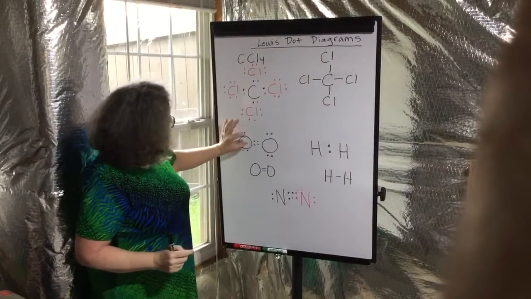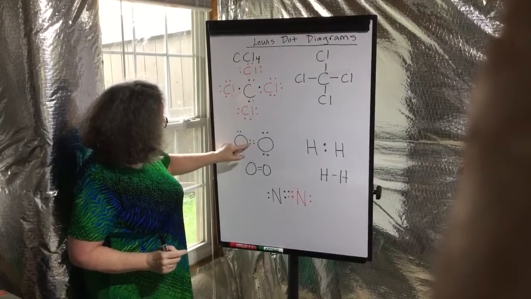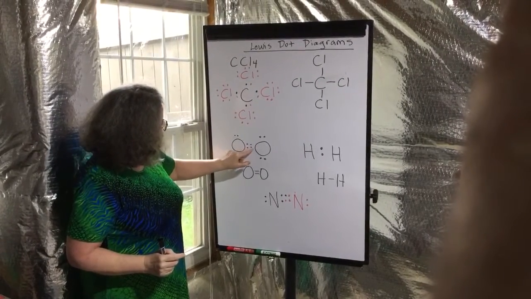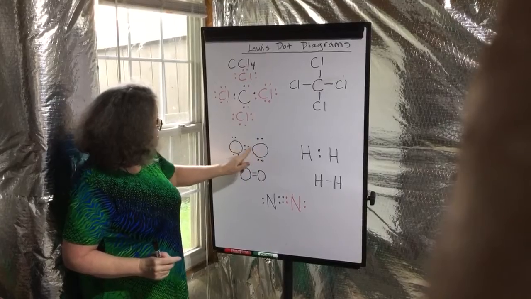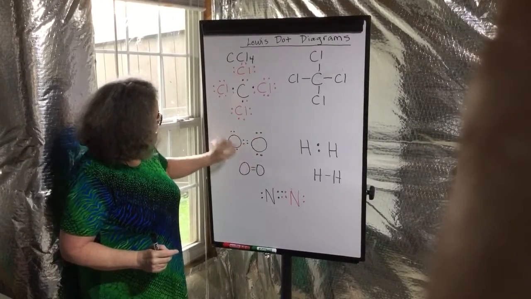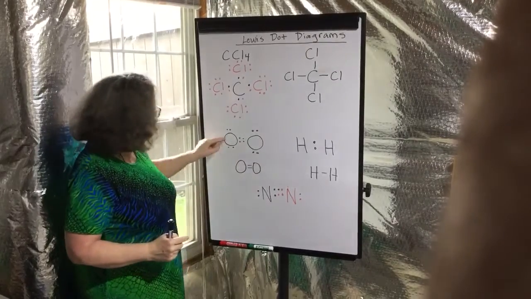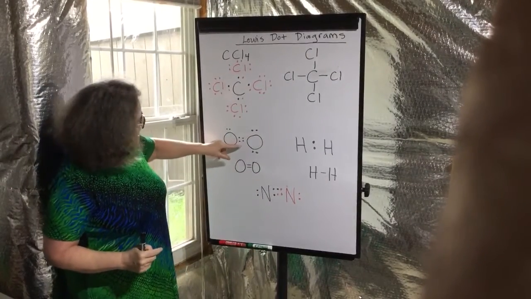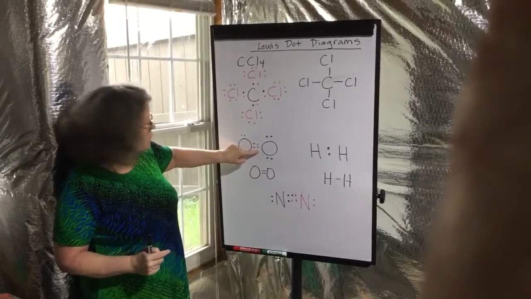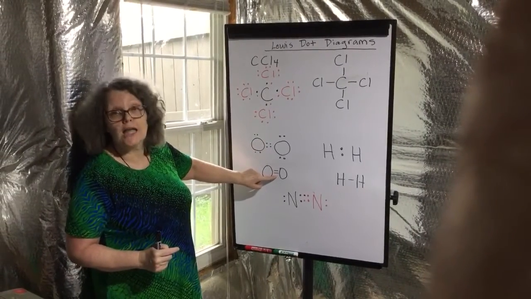If the oxygens share 2 pairs, this oxygen has 2, 4, 6, 8, and this oxygen has 2, 4, 6, 8. By sharing these 2 pairs, they satisfy the octet rule for both oxygens. Because they're sharing 2 pairs of electrons, I can represent it with 2 lines.